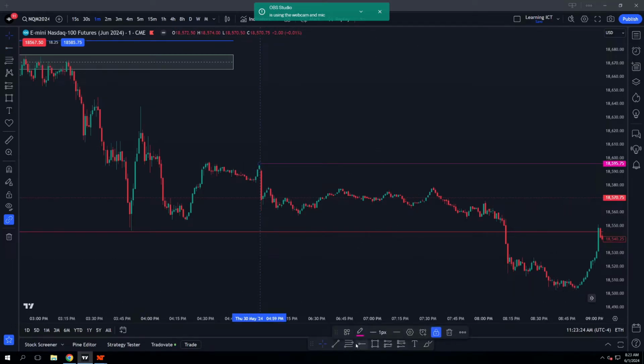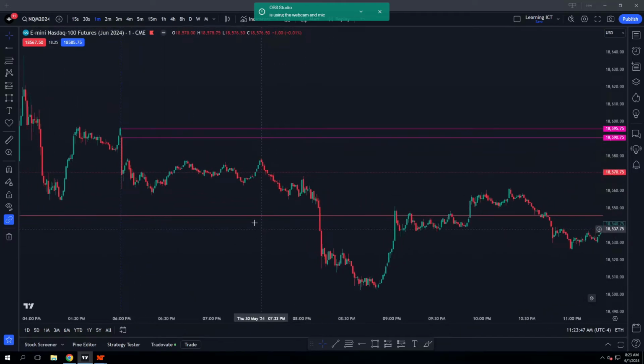Lock it, and the opening of this candle, 18590.75. Sorry. There you go. Lock it.